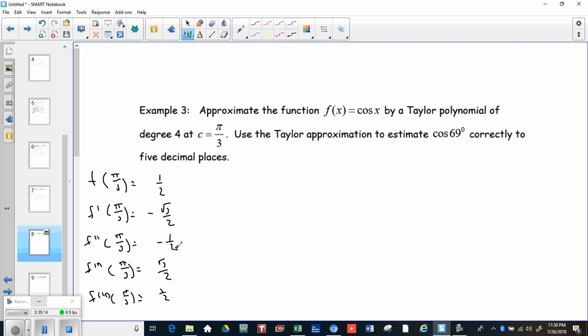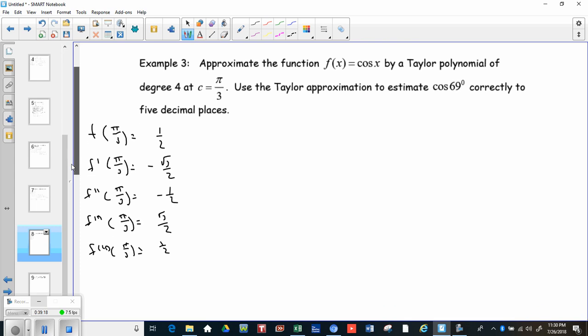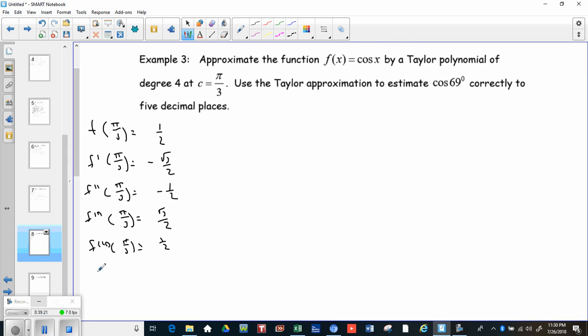So we have enough now to write our 4th degree Taylor polynomial. We do need to center it at pi thirds. So a 4th degree Taylor polynomial: 1/2 minus root 3 over 2 over 1 factorial x minus pi thirds, minus 1/2 over 2 factorial x minus pi thirds squared.